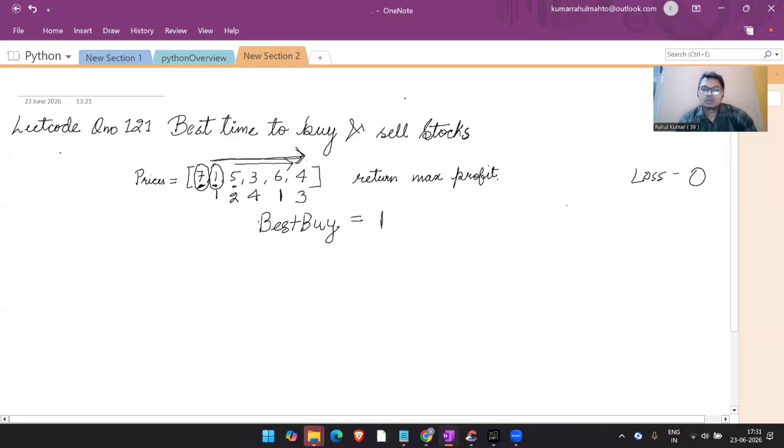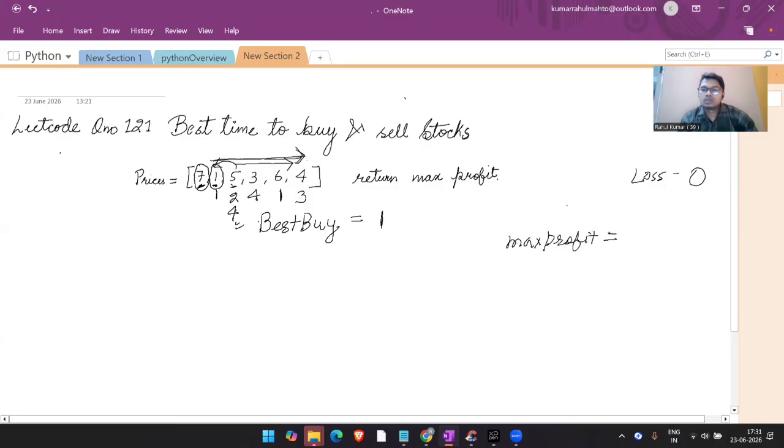In the next day, this particular stock price becomes 5. Oh, so I'm in profit, because I purchased at 1 and now it becomes 5. So how much profit? It will be 5 minus 1, that is 4. Can I consider this as the maximum profit?